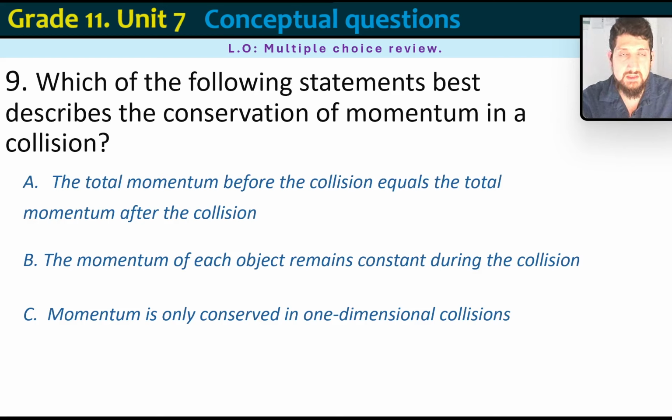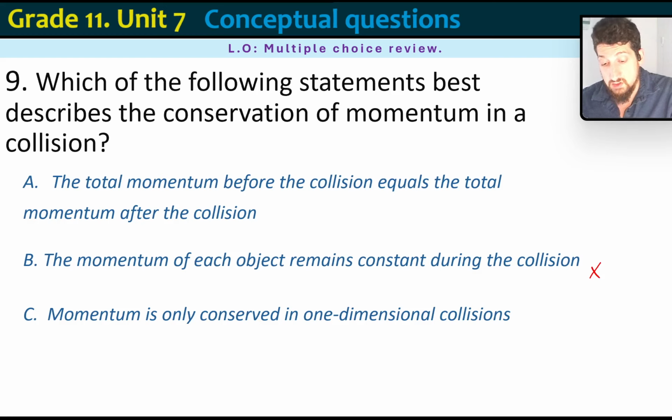They can stick together. So the momentum of the objects is most likely going to change. But the total momentum of both objects together before is going to equal the total momentum of both objects after. So this is certainly wrong. Momentum is only conserved in one-dimensional collisions.